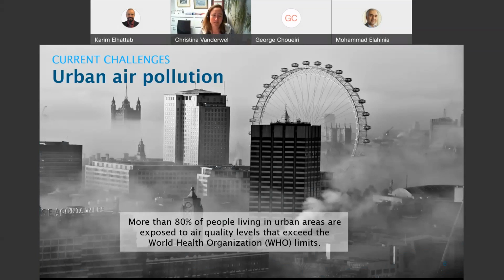What this slide is saying is that more than 80% of people living in urban areas are exposed to air quality levels that exceed the World Health Organization limits. And with more and more people living in cities now, this is clearly a big problem. The latest figure I saw was that more than half of the world population lives in cities. So this is quite a large portion of our world population that are being exposed to these unsafe levels of air quality.